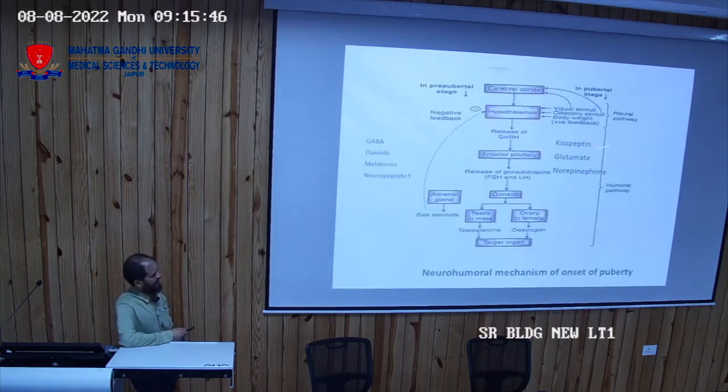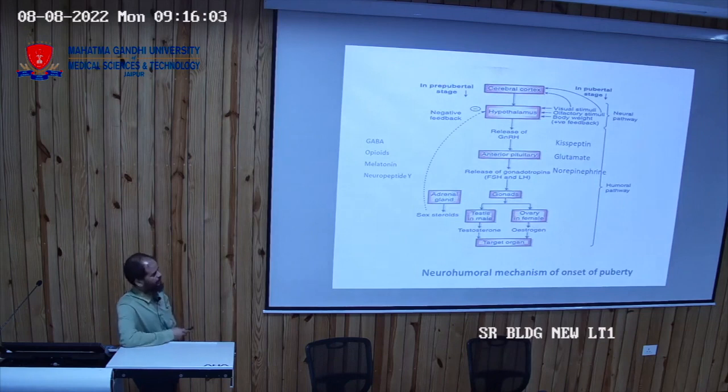There are certain neurotransmitters like glutamate, you know, this is the excitatory neurotransmitter, and also norepinephrine. So these are excitatory. This will cause pulsatile release of GnRH, gonadotropin releasing hormone.